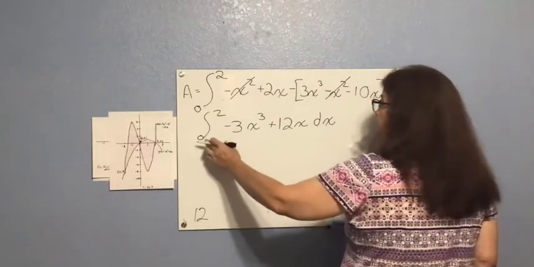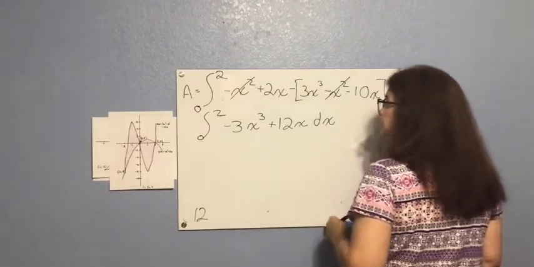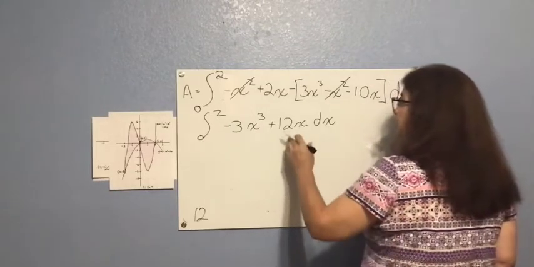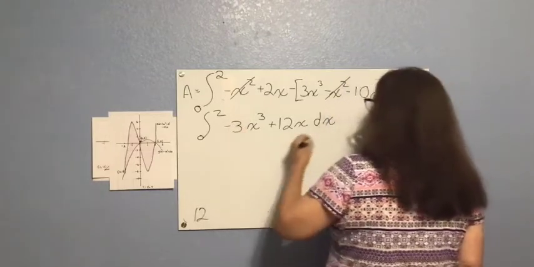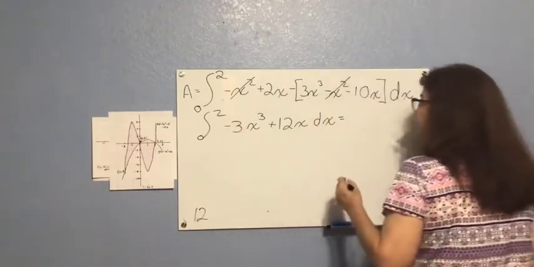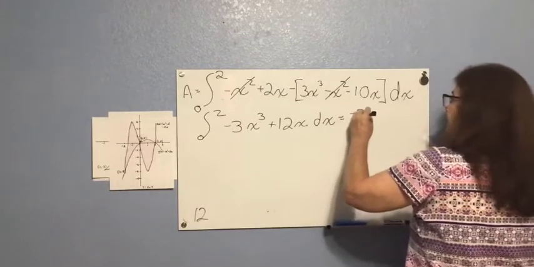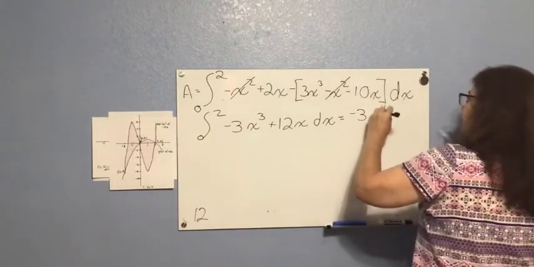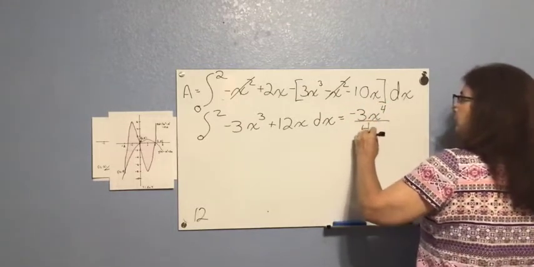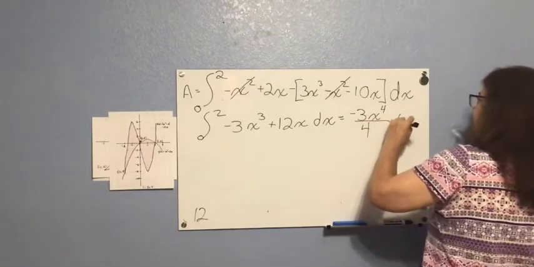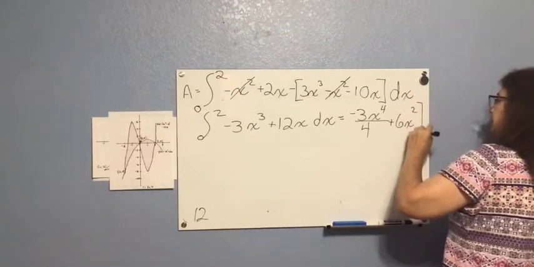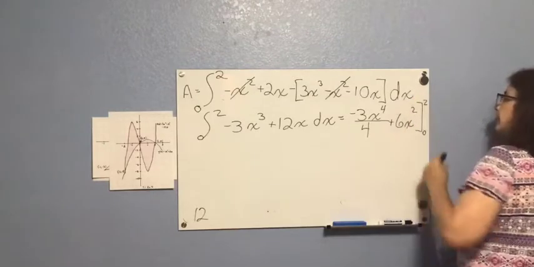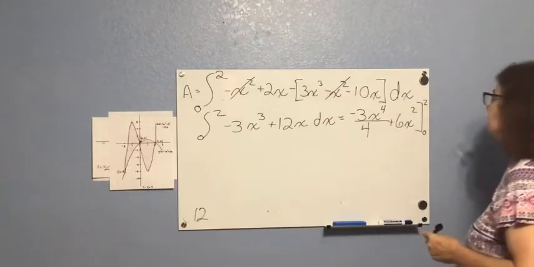I know that the values at 0 are going to be 0. So I just look at the values at 2 after I integrate. And when I integrate, I get negative 3x to the 4th over 4 plus 6x squared. And again, from 0 to 2, but I don't need to worry about the 0 part, so just the 2.